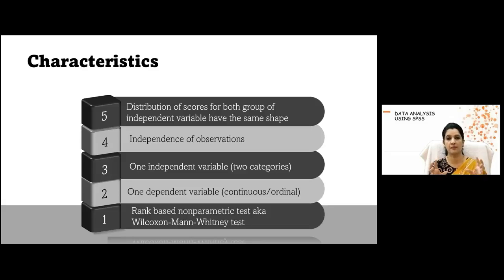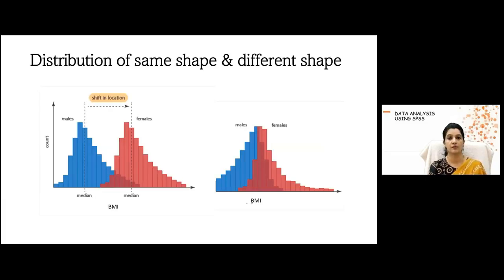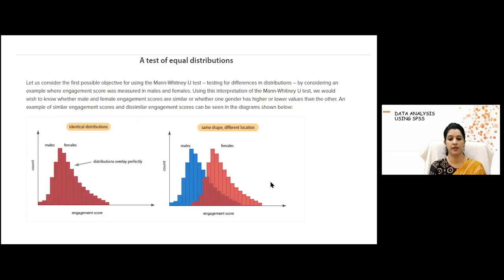If there is a mismatch, there is also a way to analyze that, and we'll see how to do that. Like in example 1, BMI, you can see it is of the same shape. It is skewed in both male and female, but the shape is the same. But if you see this, both are having a different shape.